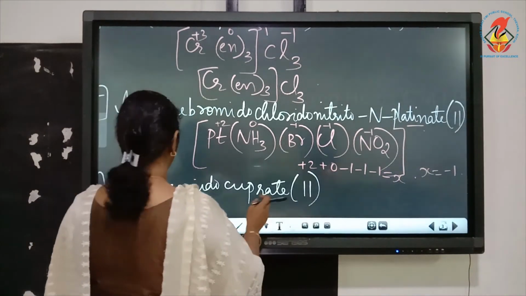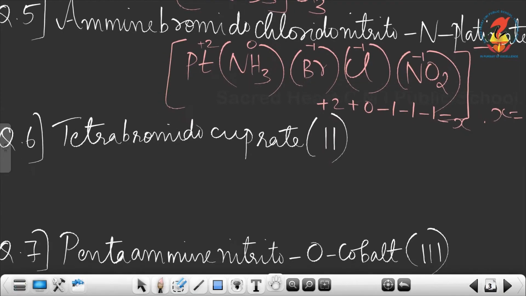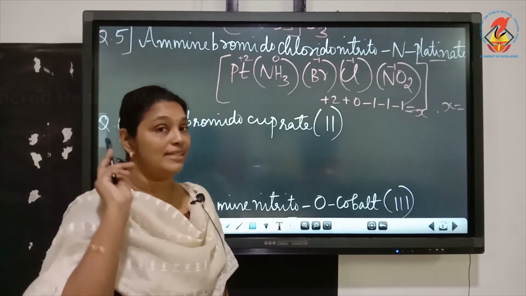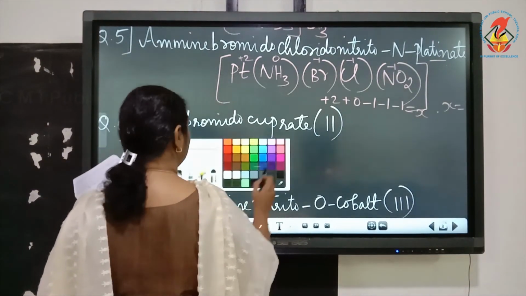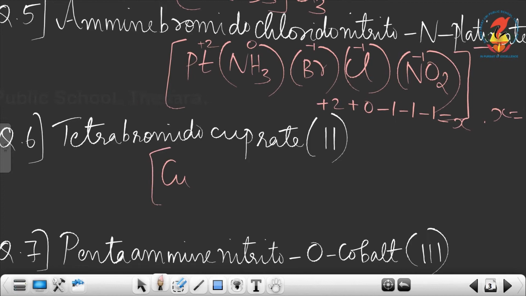Now next question is tetrabromido cuprate 2. Now tetrabromido cuprate, when you see cuprate, it shows that the complex ion is negative. Now I am going to write the formula. Cuprate is copper. Then we have tetrabromido, Br4, Cu, Br4.